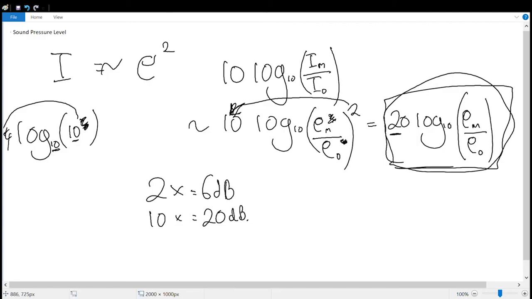Now, how does that affect us when it comes to working in a sphere, as the sound comes out in a sphere? Well, remember we said that was proportional.